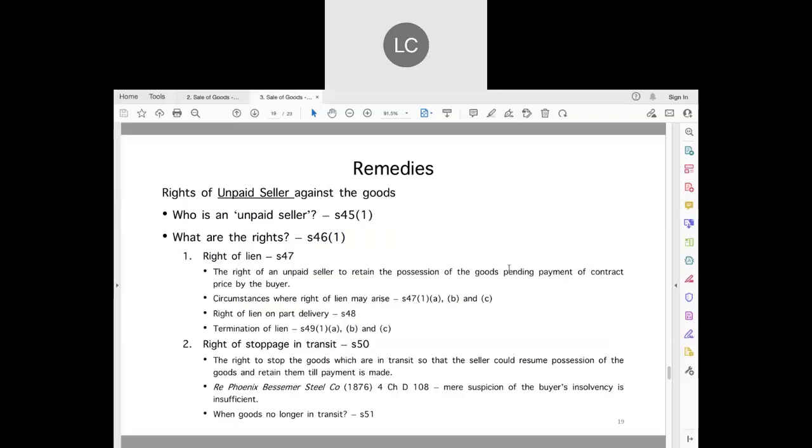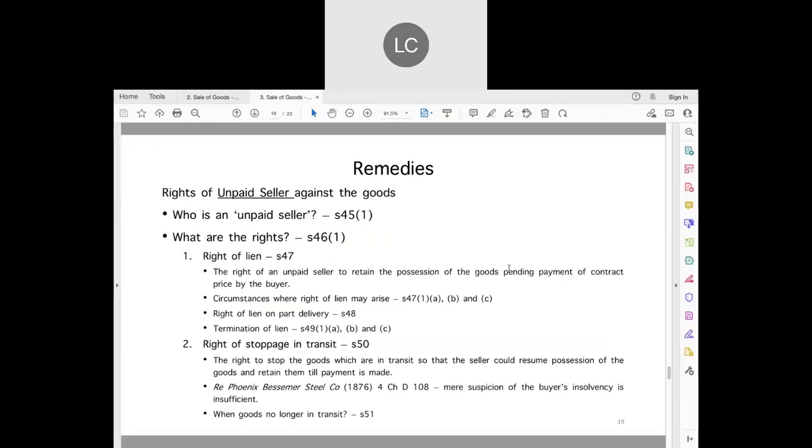and you are in Sintok, you are in UUM, and any of the event which would attract the right of the seller to exercise stoppage in transit, he can stop, even though he has sent out the goods to the carrier, and the carrier, for example, is on the way in Ipoh, coming to Kedah, to deliver the goods to you.